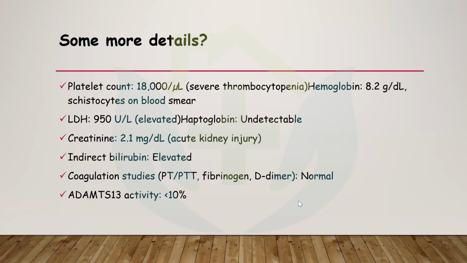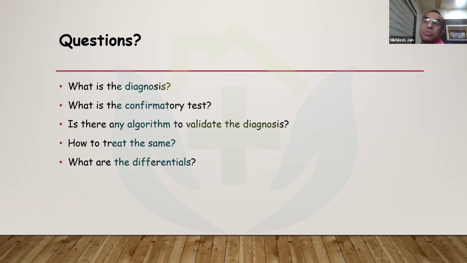Do you think that with a normal fibrinogen and D-dimers, you would have thought of it as DIC? It is not, right? So there are pregnancy-related specific scores. You should know them.